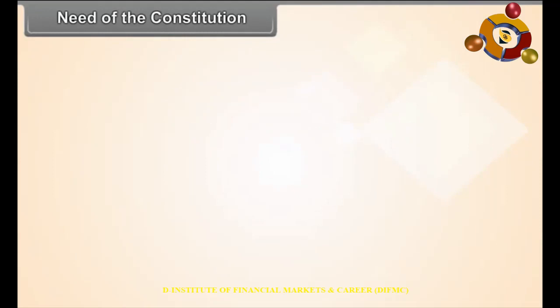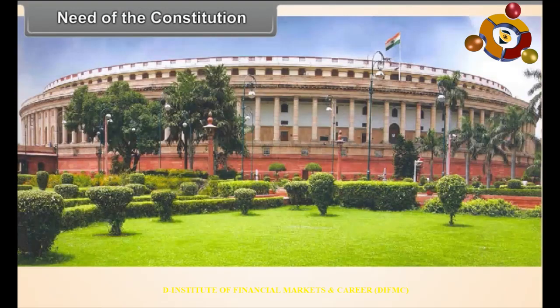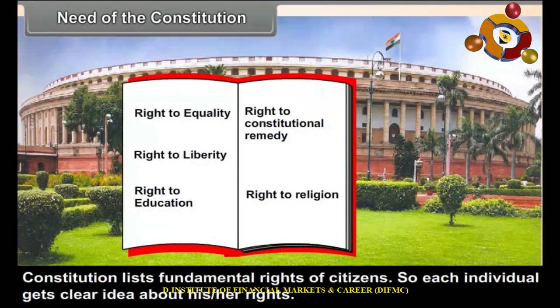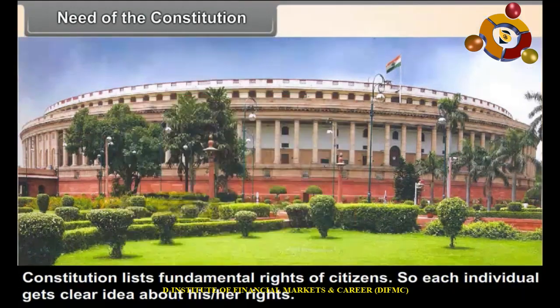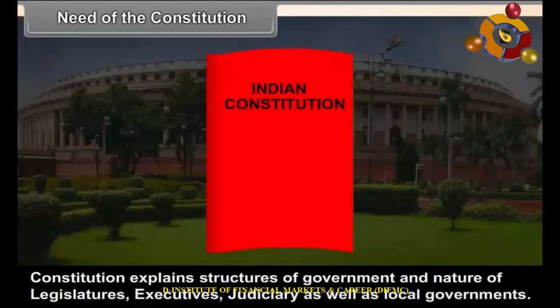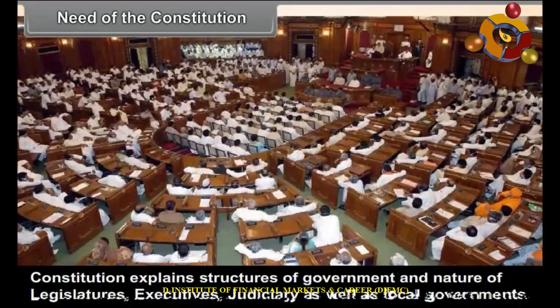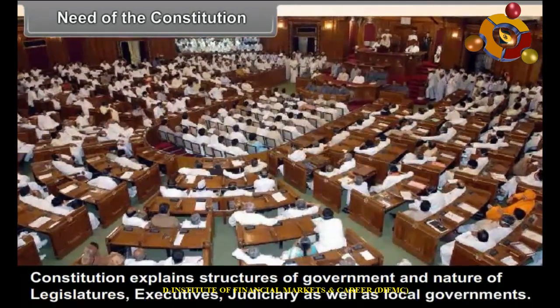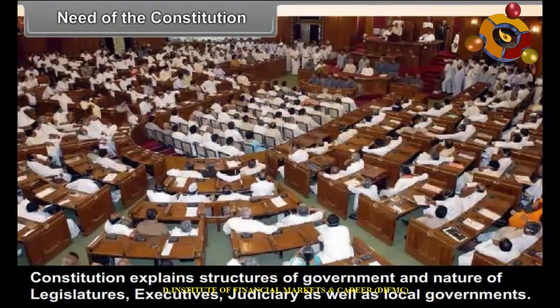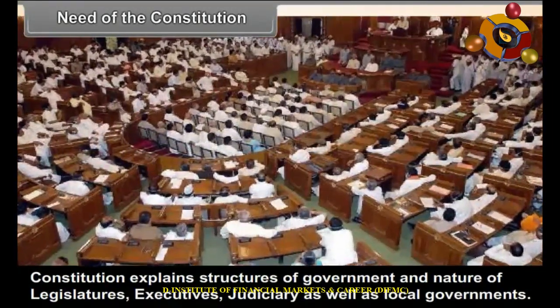B. Need of the Constitution. Constitution lists fundamental rights of citizens. So, each individual gets clear idea about his or her rights. Constitution explains structures of government and nature of legislatures, executives, judiciary as well as local governments.